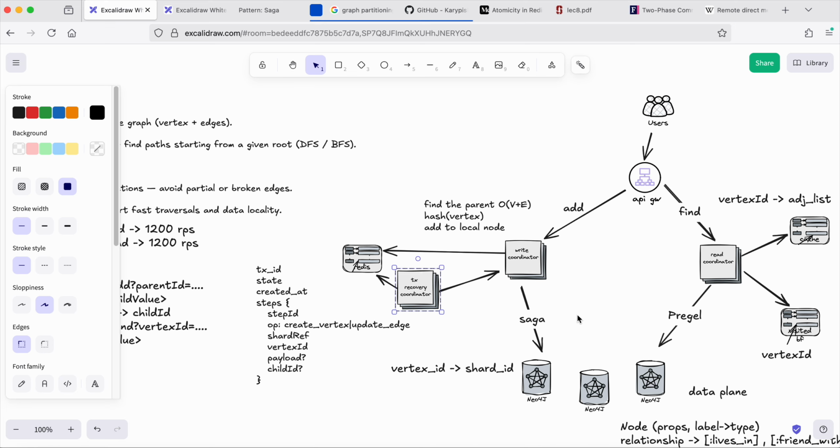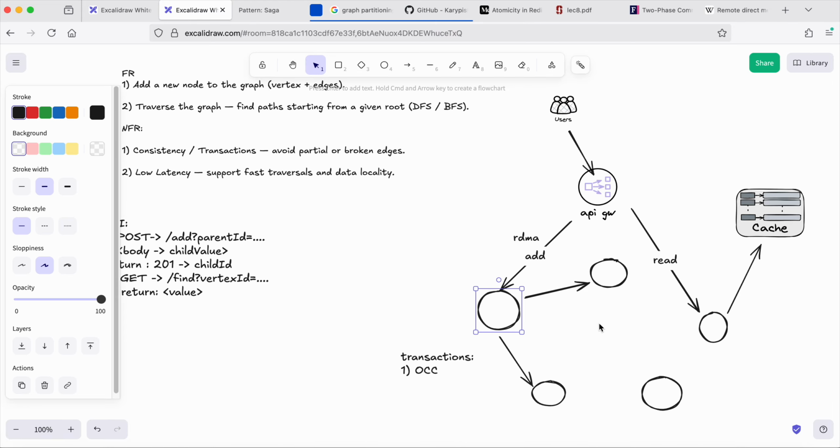It could be great if we use gRPC and protocol buffers. For the other idea, the scientific way, we are using RDMA.